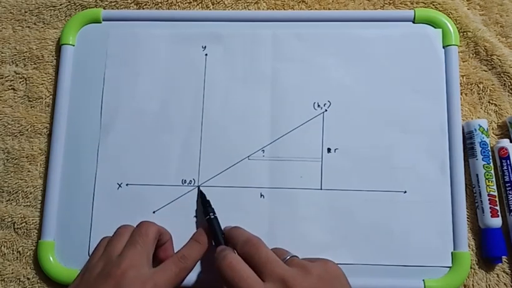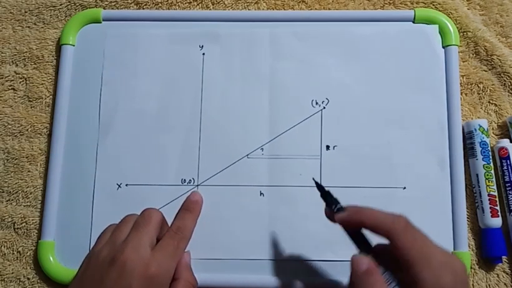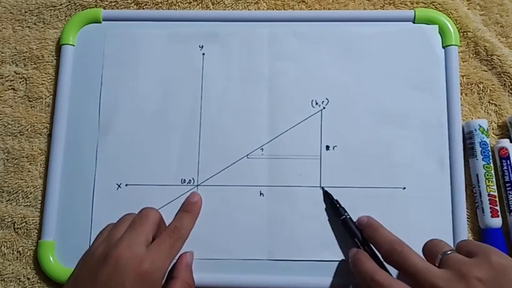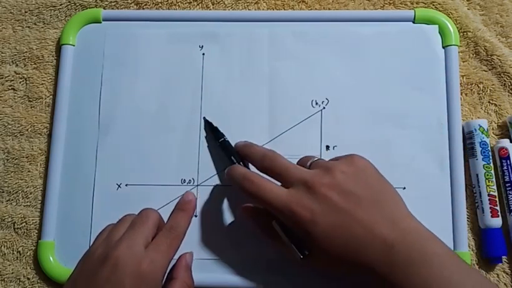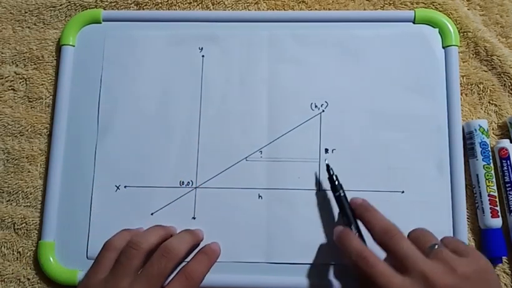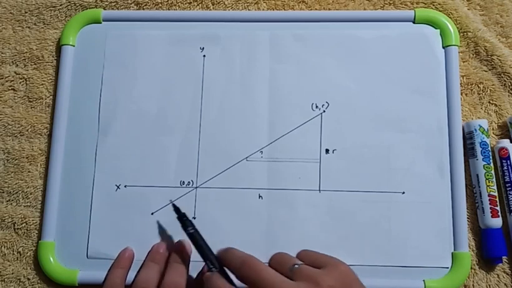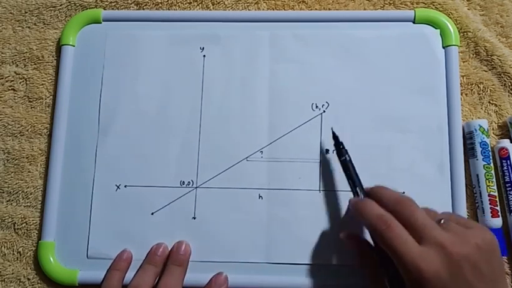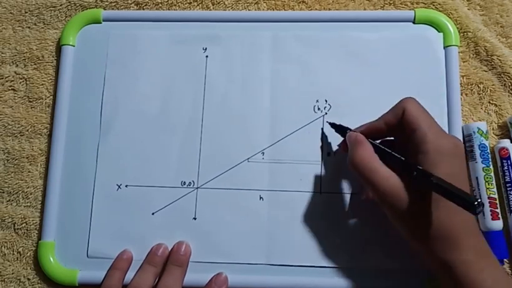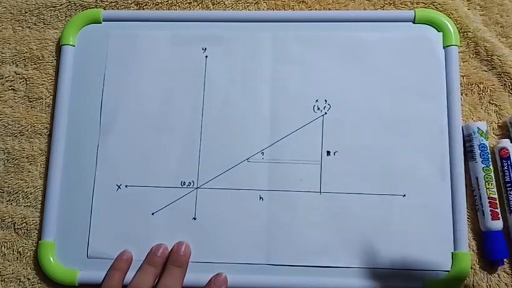So, ang h natin kasi guys is distance nito. And then, mula naman dito hanggang sa itaas, yun naman yung r natin. So, ibig sabihin lang, nag-intersect din tong line na to sa point h, r.